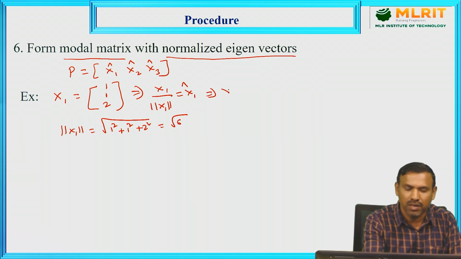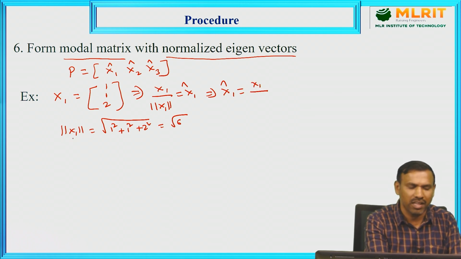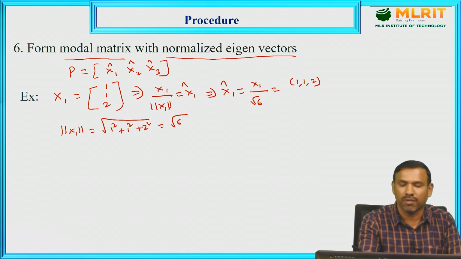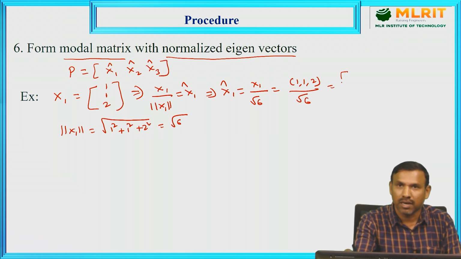Here x1 cap is equal to x1 vector divided by its norm, that is root 6. What is x1? The given vector 1, 1, 2. You are dividing by root 6. That is nothing but 1 by root 6, 1 by root 6, 2 by root 6. This is a normalized eigenvector.